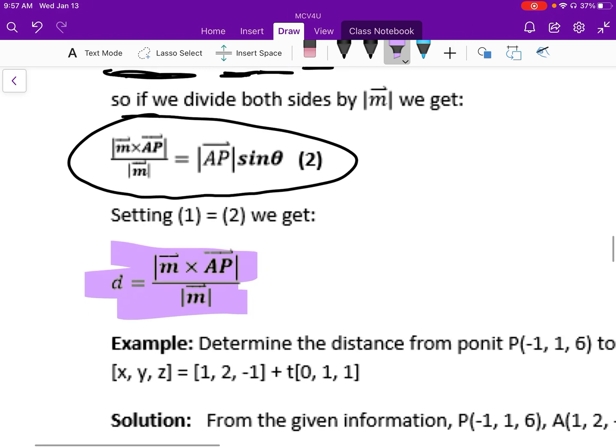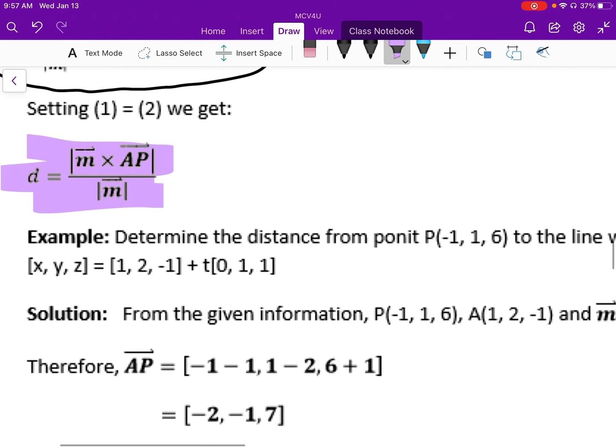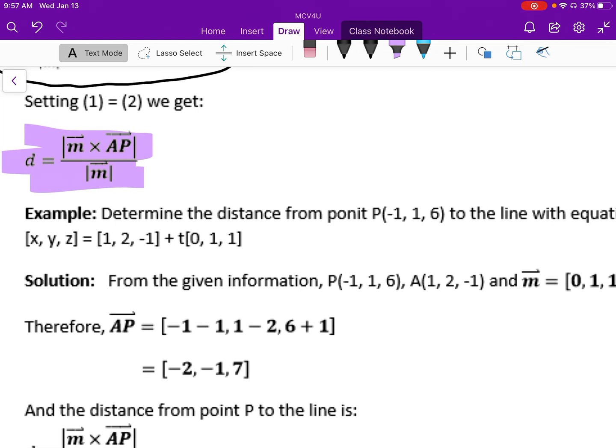Okay, let's take a look at this example. So we have our point that's listed as P, negative 1, 1, 6. We have our line, which gives us our direction vector.